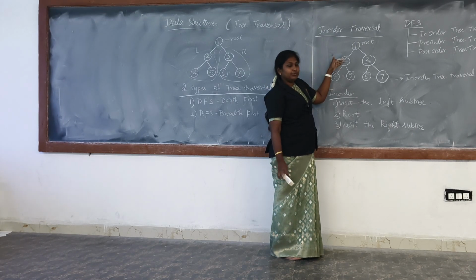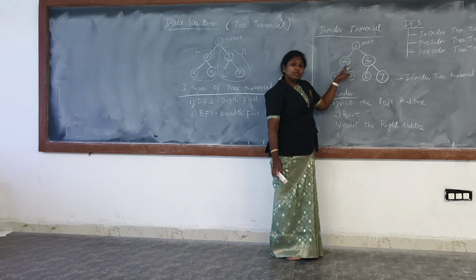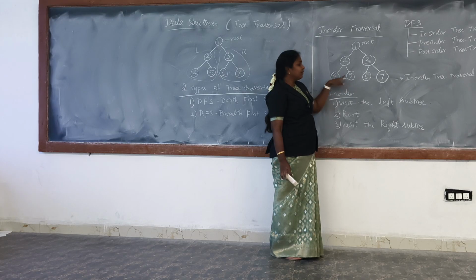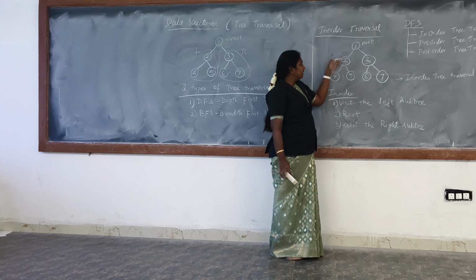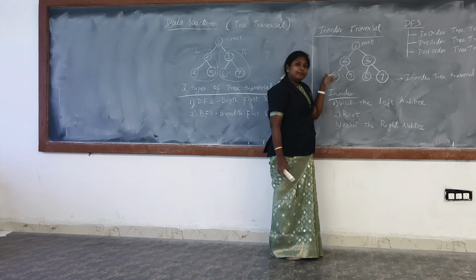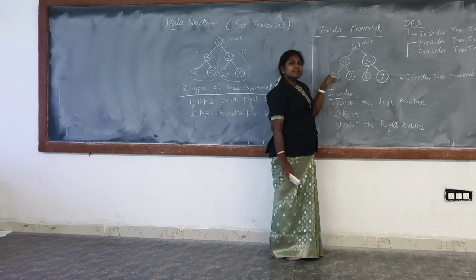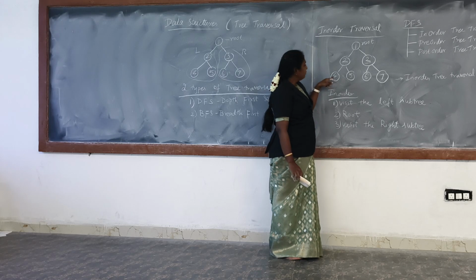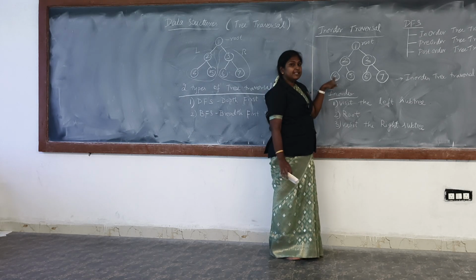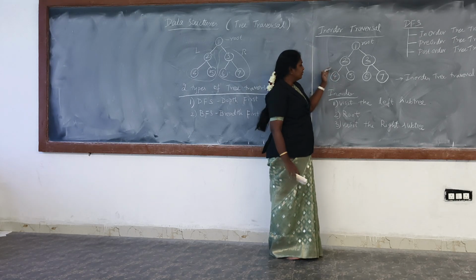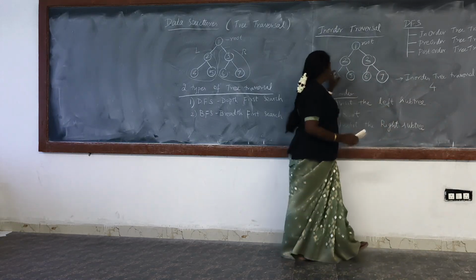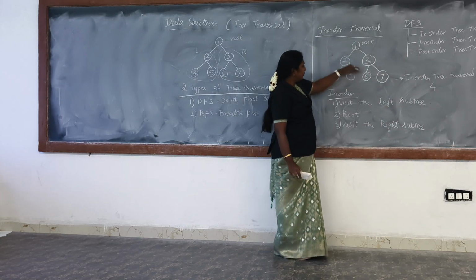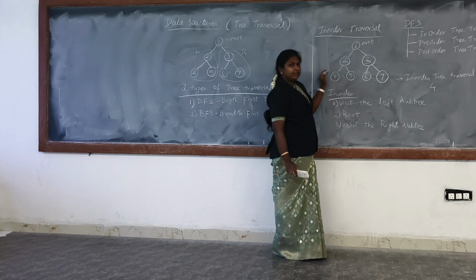Okay, it goes to 2 first, and it checks. 2 is also a parent of 4 and 5. Again it goes to the left subtree, which under 2 is 4, and 4 doesn't have any branches, this is a leaf node. So it visits the left subtree, this is the last node, so it visits 4 first, okay, and now consider this as a part of a tree.